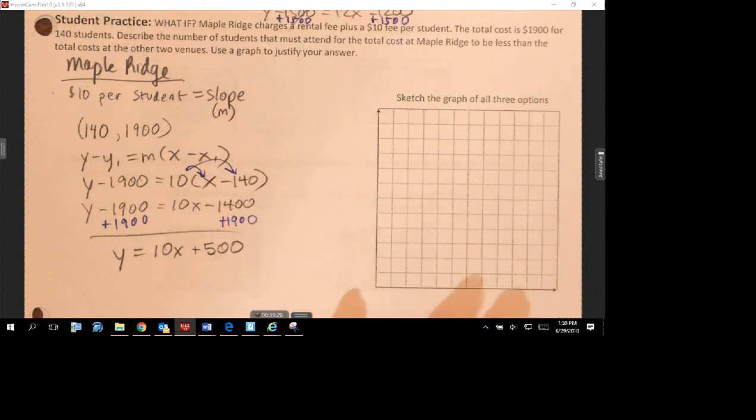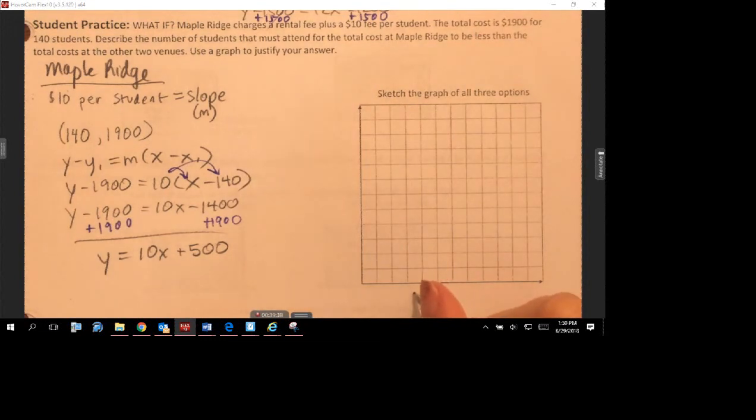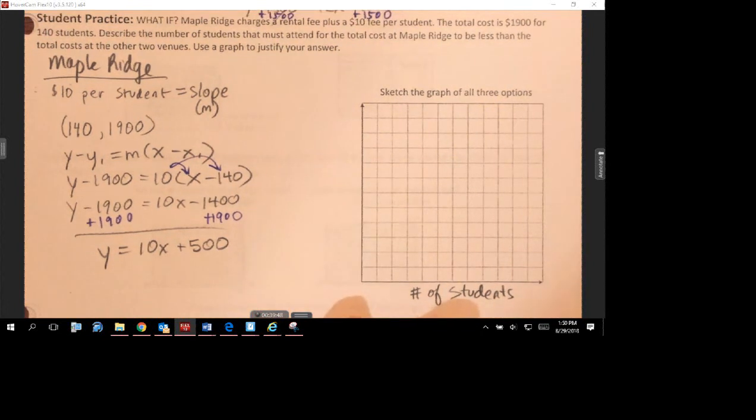Sketch all three options. Do you know why I gave you only the first quadrant and not the whole thing? Because what's the x value represent? What's our x? Number of students? Can't have negative. And what's my y value represent?